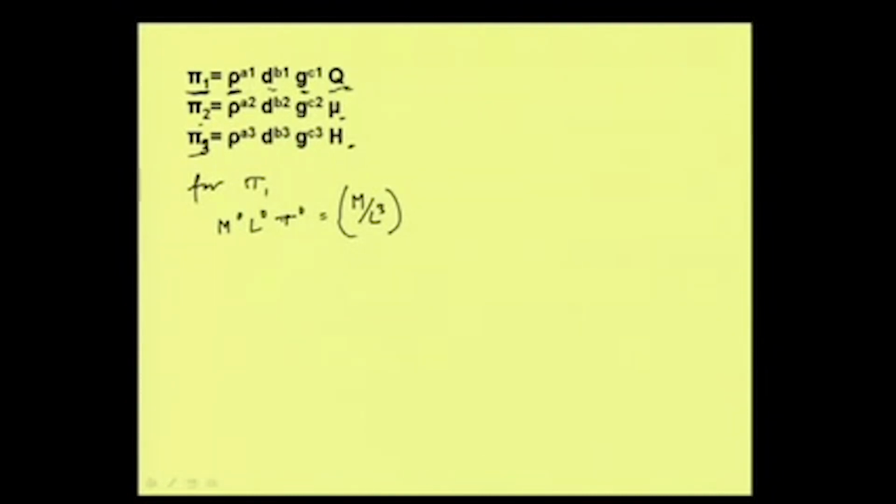So rho means m by L cube to the power a1, then d is a length, dimension length to the power b1, g is length by time square, so length by time square to the power c1, and then q, as we know, is volume per time, that is L cube by time. So we are writing like this.